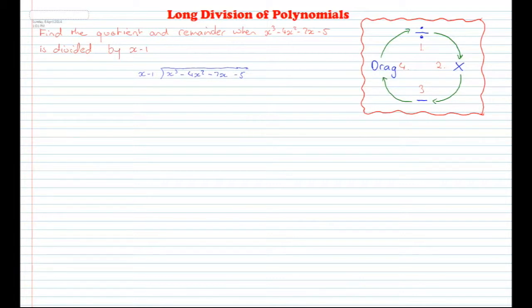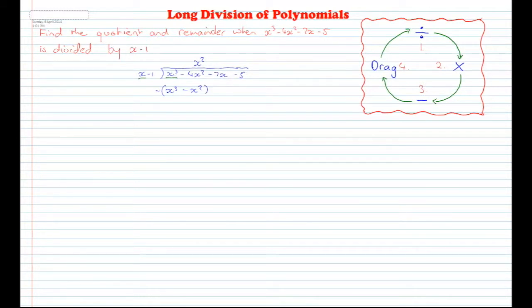Alright, so the very first step is to divide. We go x cubed divided by x, so that's going to get us x squared. Now the next thing to do is step 2, so that is x squared times x, which gets us x cubed. X squared times negative 1 is negative x squared. Step 3 is to subtract.